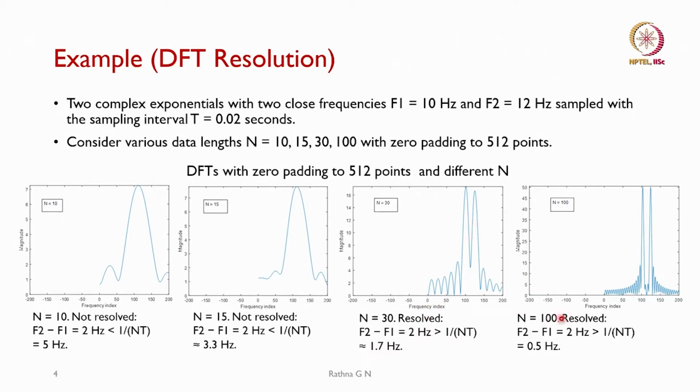When we go to N equal to 100, you will clearly see the two peaks. It drops down to 0 and then rises again. One will be at 10 hertz and the other at 12 hertz. What is the resolution here? 1 by NT is 0.5 hertz.